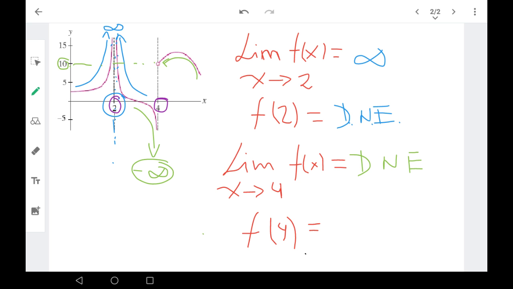And f of 4 is asking also for a closed point. But here we don't have a closed point because this part is an open point, so there is no y value. And if we look at the part here, we also do not have a closed point at that x value. So that means that f of 4 does not exist.